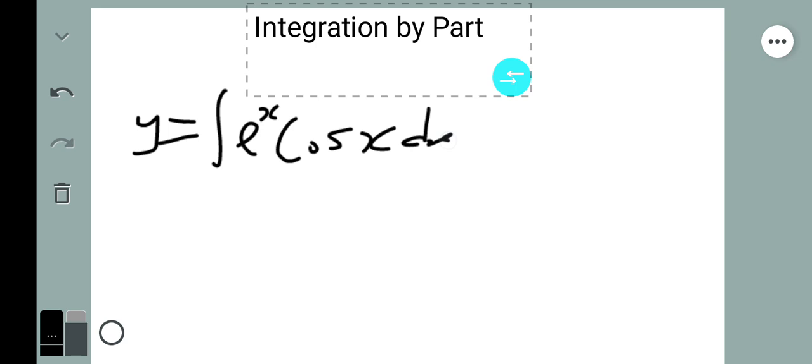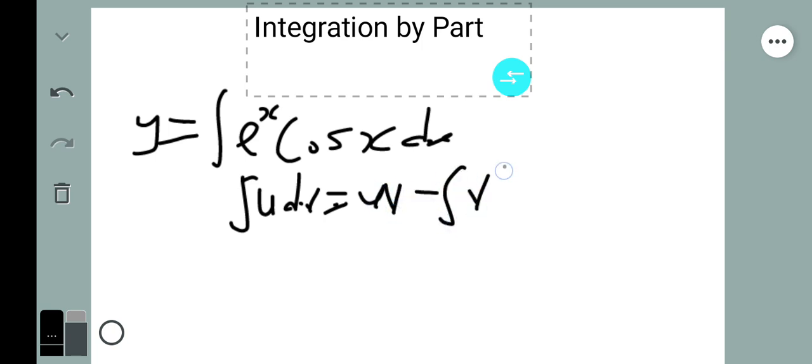Same thing we did yesterday, same thing we are going to do today. We are going to use our LIATE rule. From our formula of integration by parts, we have: integral of u dv is equal to uv minus integral of v du.